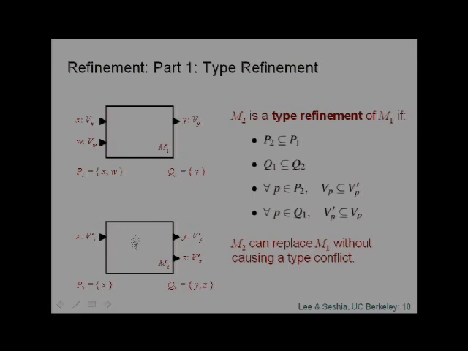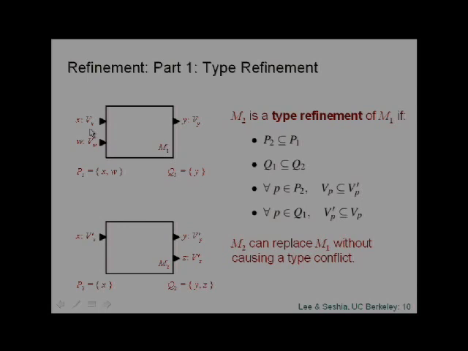That's the question we need to think about. Let me define the notation here. When I say X colon Vx, Vx is the type of X. Let's think about the type of X as the set of all values that X can take. For a pure signal, it can take values present or absent. So V of X is the set of all values X can take, V of W is the set of all values W can take, and V of Y is the set of all values Y can take.